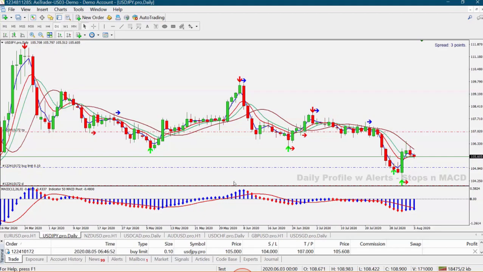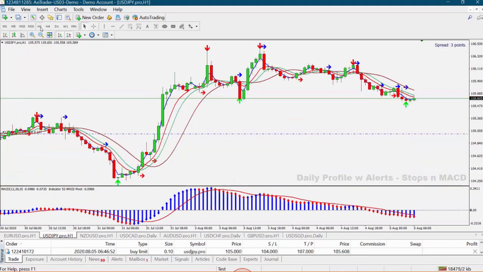If it gets filled later today, let's take a look at the hourly. How does the hourly shake out on this? Okay, we are looking at a possibility for this to come down. It's got to come down from basically 105.60, so it's going to come down 60 pips to take us in.